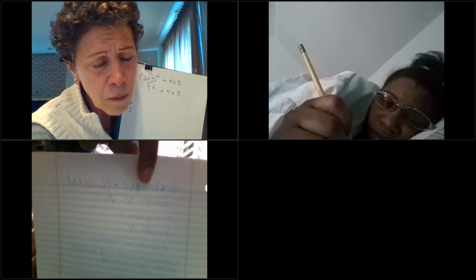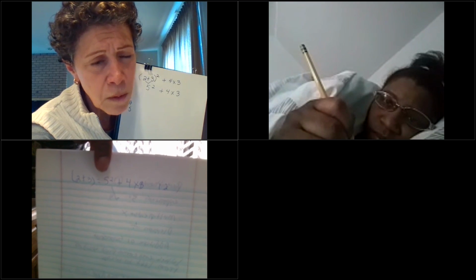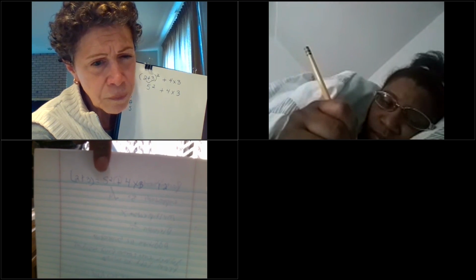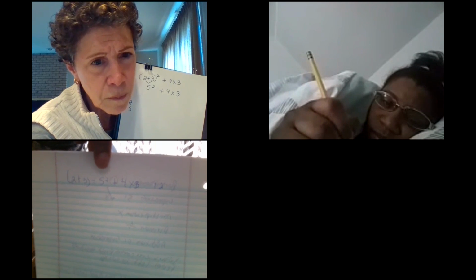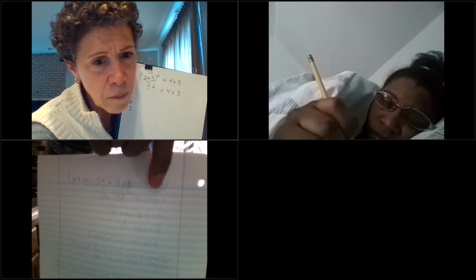It was 2 plus 3, which is 5, and then 5 to the second power is the answer. Then 4 times 3 is 12, and then I would multiply 5 to the second power, which is 25, times 12. Plus 12.